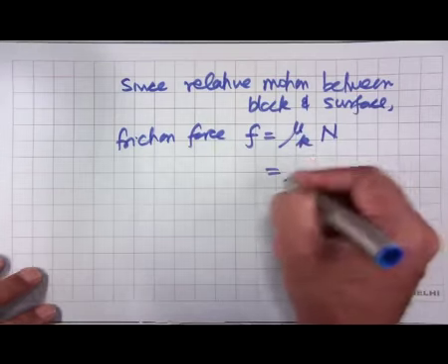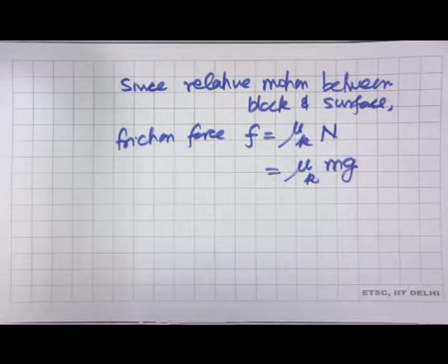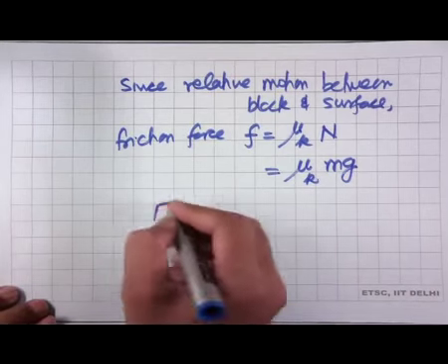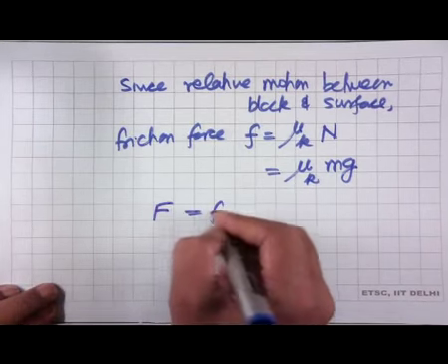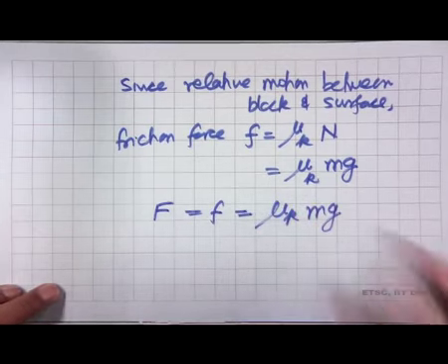This is equal to mu k times n, where n was equal to mg, so it is equal to mu k times mg. And the force F is equal to the friction force, so that also must be equal to mu k times mg.